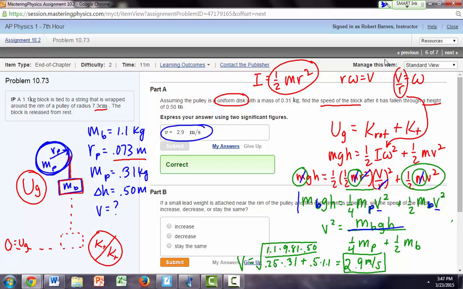Now, if you add a small lead weight near the rim of the pulley and repeat it, now you've got a greater moment of inertia for your pulley because you've added to the mass and you've put some mass that's far away from the radius. So you've increased the moment of inertia of your pulley. So more of that stored UG is going to go towards rotational kinetic energy to get the pulley to start to move. Less of it will go to the translational kinetic energy.